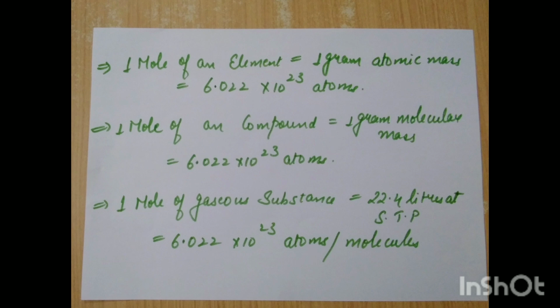Similarly, 1 mole of a compound is equal to 1 gram molecular mass, that is 6.022 into 10 raised to power 23 molecules. Next, 1 mole of a gaseous substance is equal to 22.4 liters at STP, that is 6.022 into 10 raised to power 23 atoms or molecules.